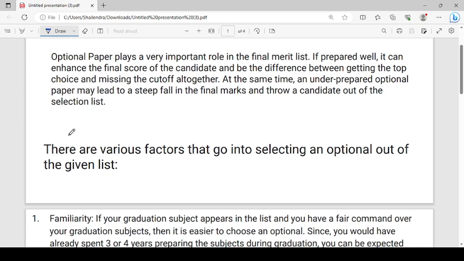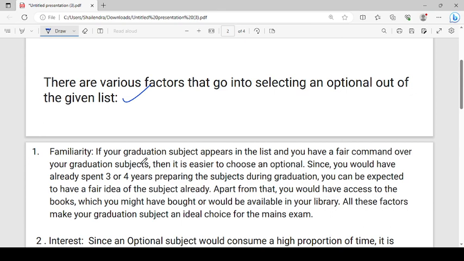There are various factors that go into selecting an optional out of the given list, है ना। First, familiarity. If your graduation subject appears in the list and you have a fair command over it, then it is easier to choose an optional.